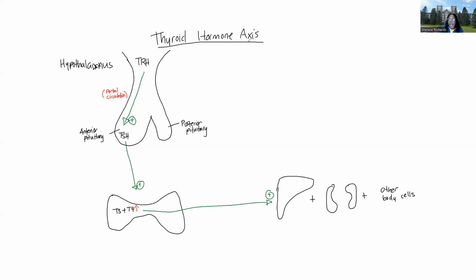So the short feedback loop is when TSH release can go back up to the hypothalamus and negatively affect TRH release. This is called a short negative feedback loop.